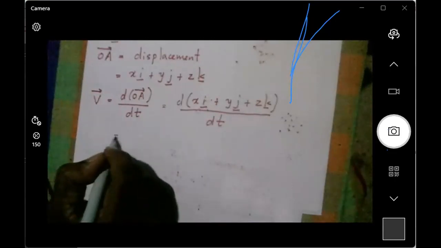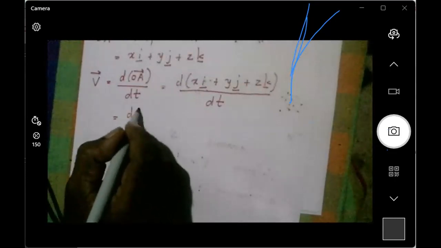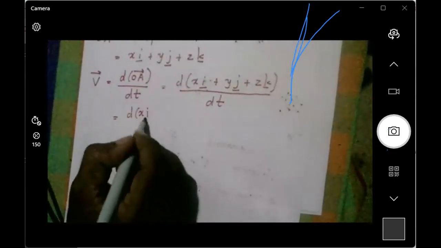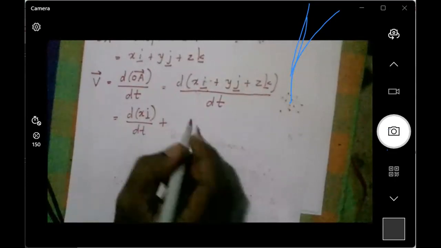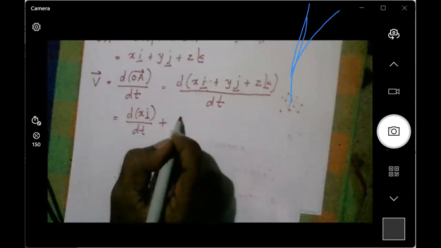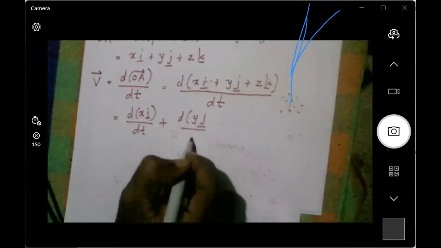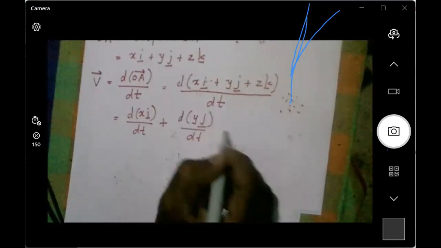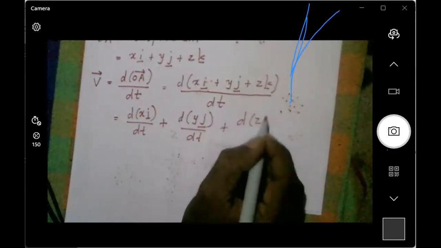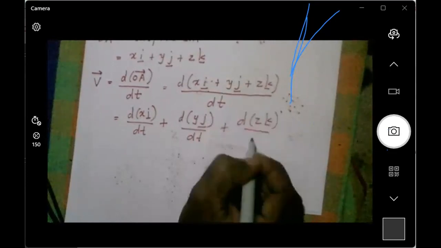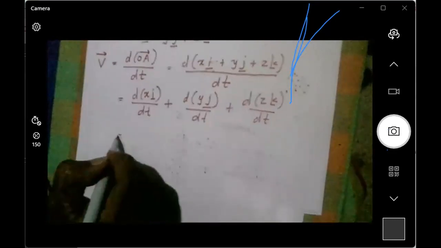We can use what to expand this? d xi over dt. We can separate the addition mark. d yj over dt. d zk over dt, right? After that, what to do?